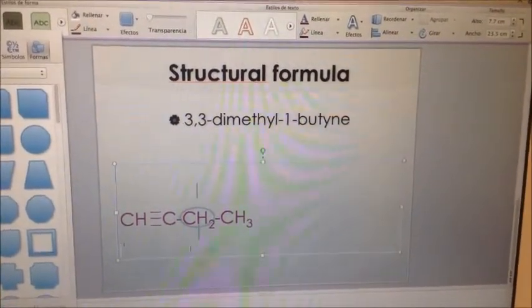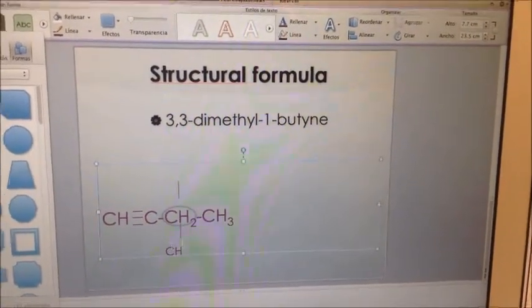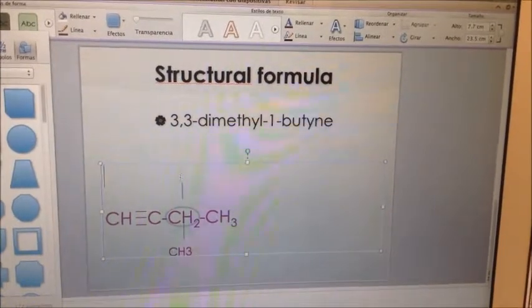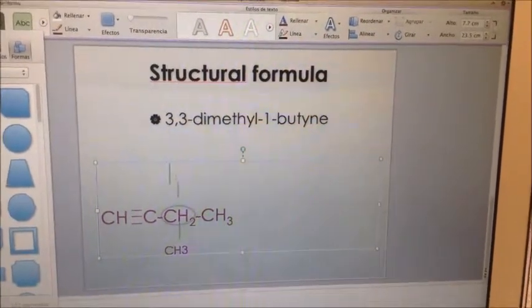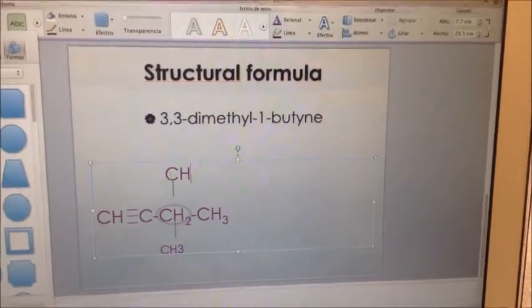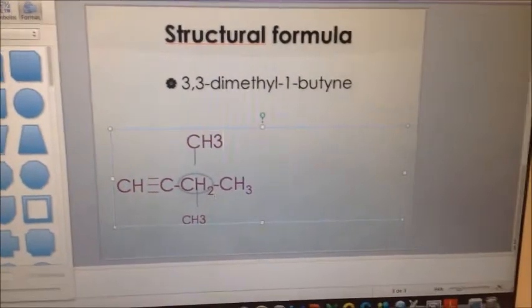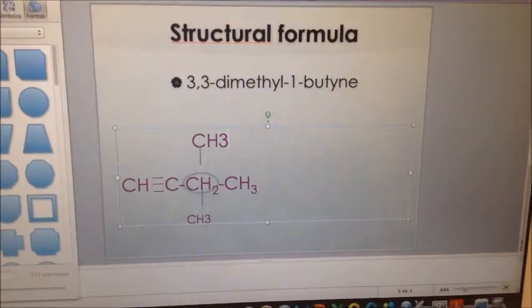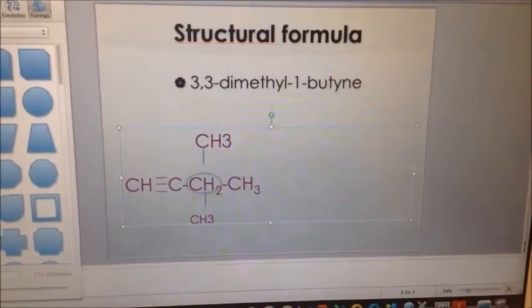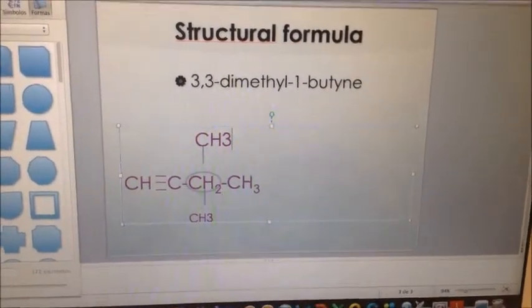So we put CH3 and CH3 again for having correctly this structural formula. So this compound is called 3,3-dimethyl-1-butene, and this is the form that you have to write it.